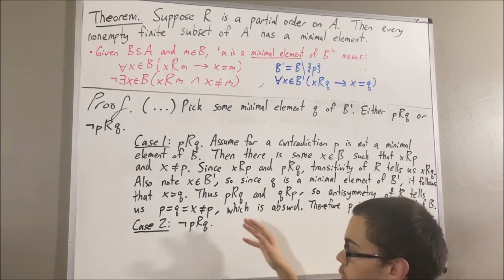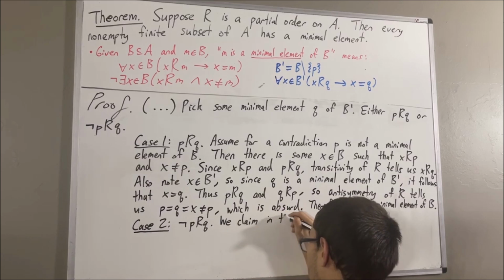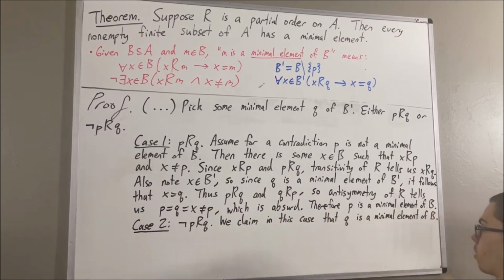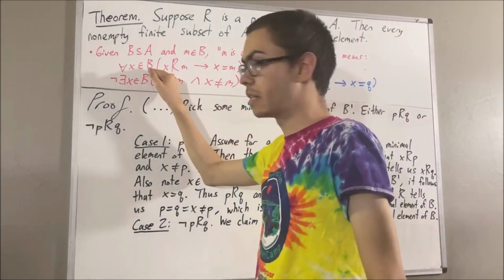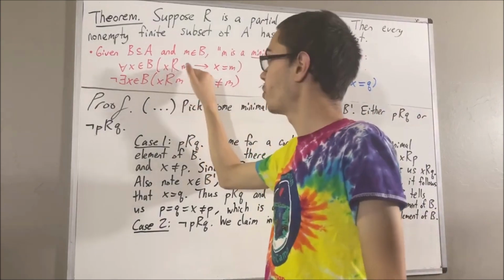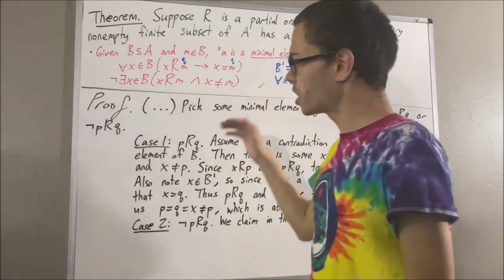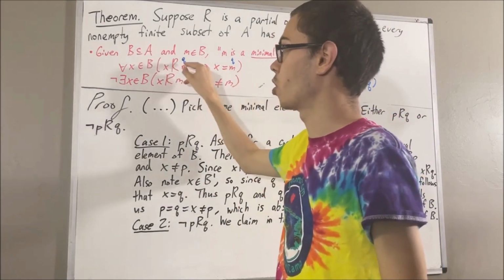Now in this case, we claim that Q is a minimal element of B. And to prove this, we want to show that for all x in B, if xRQ, then x is equal to Q. So let's give ourselves an arbitrary element x in B and assume that xRQ holds.